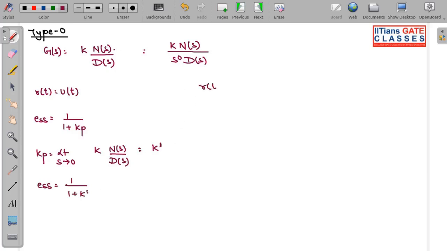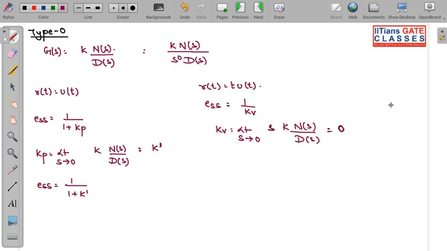If R(t) is equal to t u(t), then what will happen? ESS for type 0 system will be 1 by Kv, where Kv is equal to limit s tends to 0 of K N(s) by D(s), and also we have one s over here. So Kv comes out to be 0.